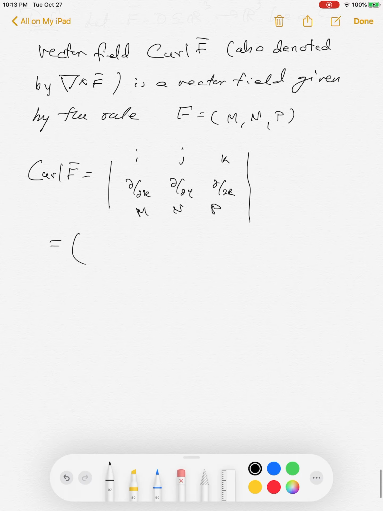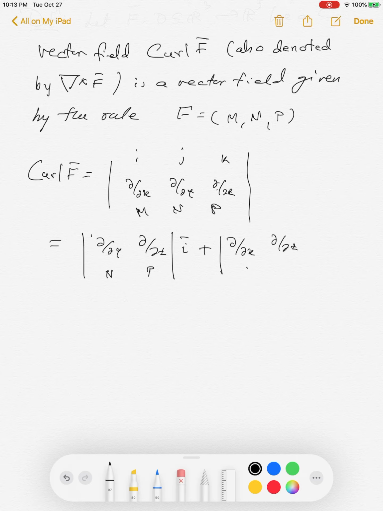dx, dy, dz, and then M, N, P. So what this means is you find the determinant. So you will get this product. So in other words, let me write it like this. d/dy, d/dz, N, P, i bar.